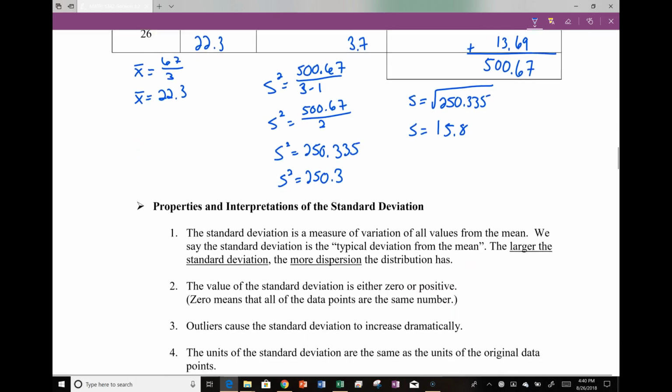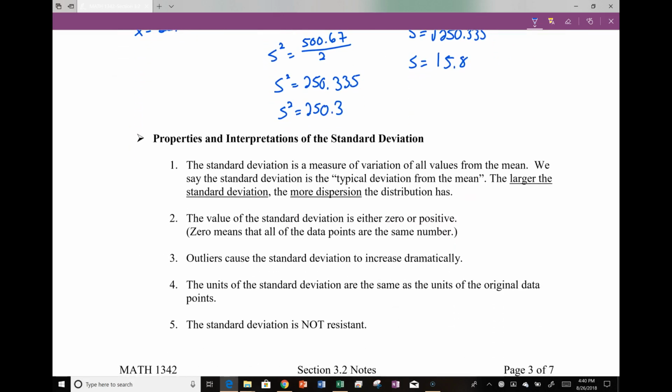When we're looking at this, we want to look at some of the properties and interpretations of standard deviation. We don't really use variance as much because recall it was units squared, so this would actually be minutes squared, whereas this one is minutes. So we tend to use the standard deviation more than we do the variance.